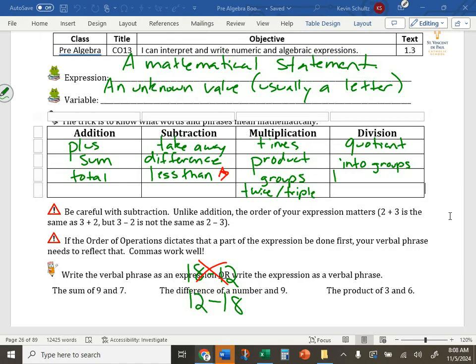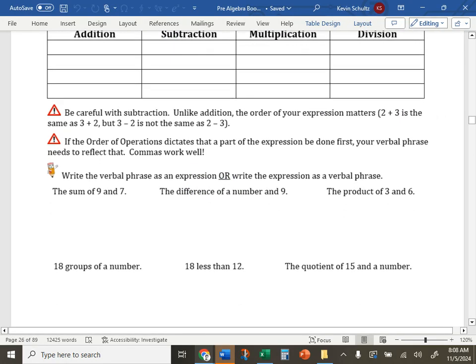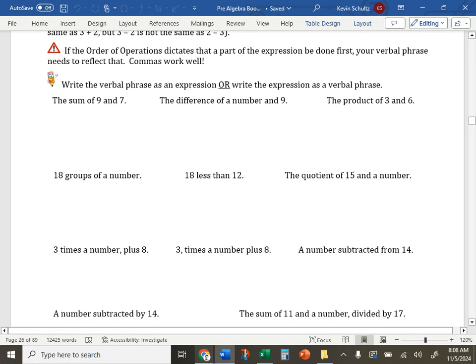If you take half of a number or a third of a number, it means you are specifically dividing by 2 or dividing by 3. Let's leave those other spots open, just in case we think of something else as we work through the page here. But basically, I'm giving you a verbal expression, and I would like you to write it numerically.